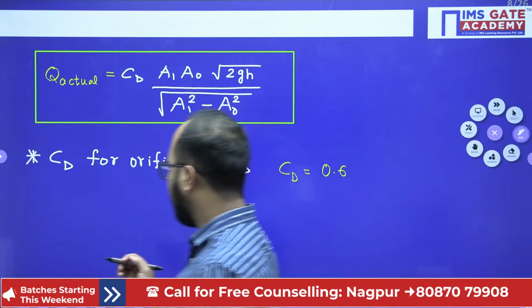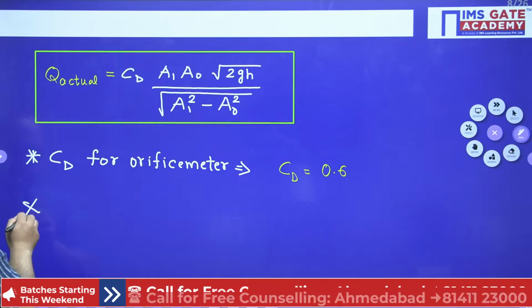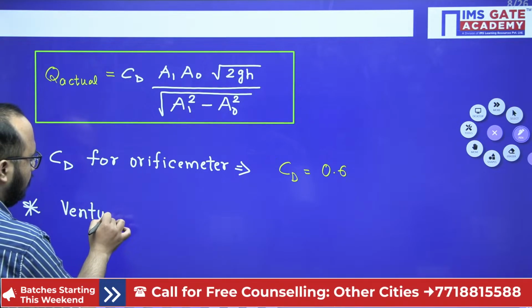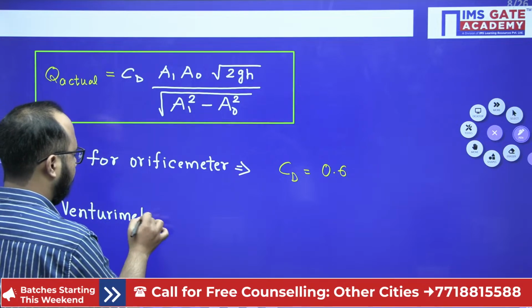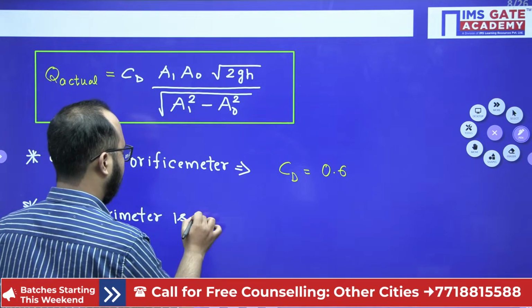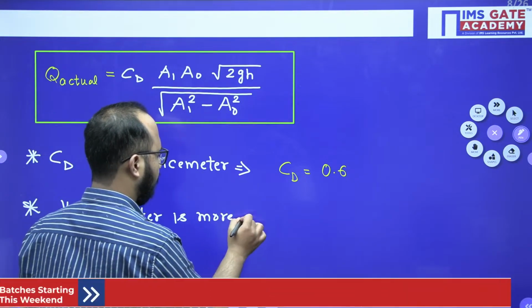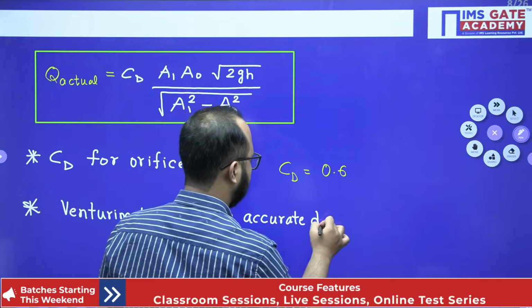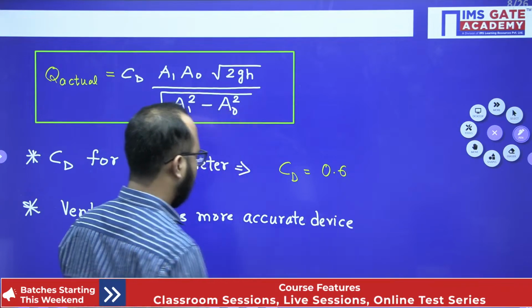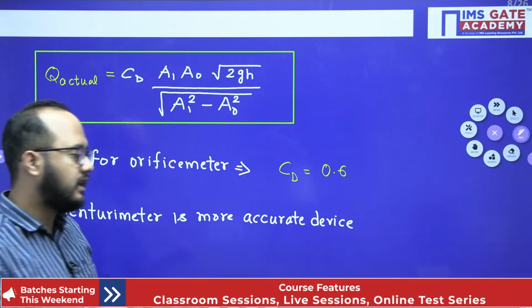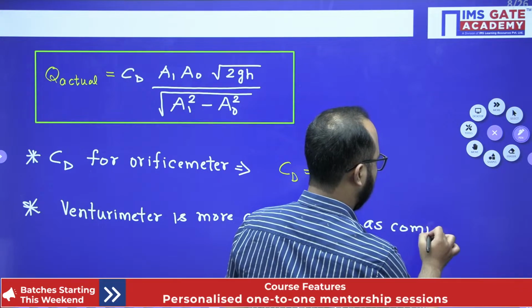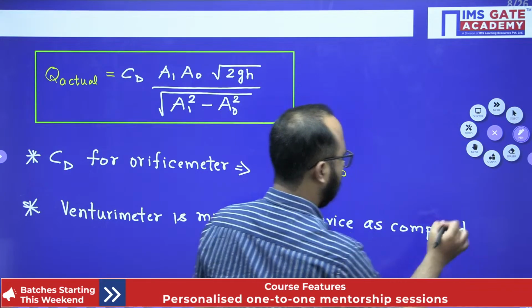One more point you can write here: the venturimeter is a more accurate device as compared to the orifice meter.